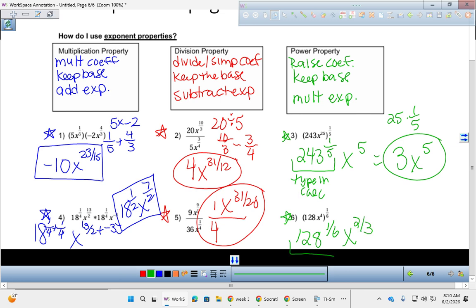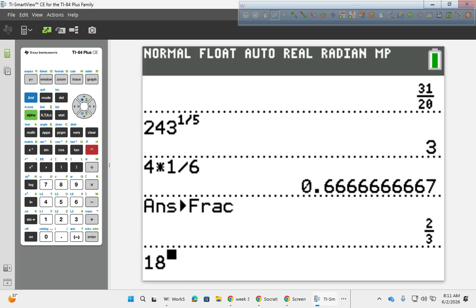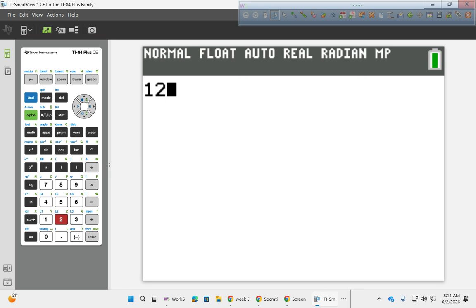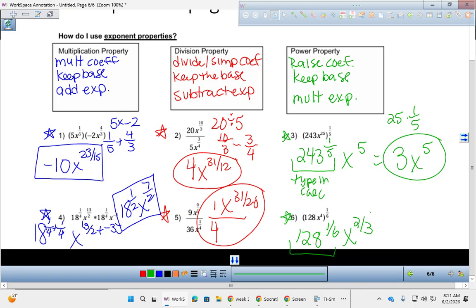You want to type that in the calculator. 128 to the 1/6. If it's a decimal, then leave it alone. There's nothing you can do to it, and you just leave the answer like that. The fraction part was new this semester. However, you have a calculator, and the calculator will do the fraction part. You just need to know the rules.